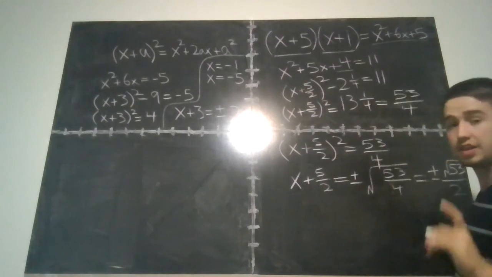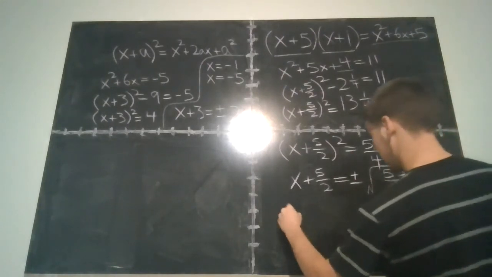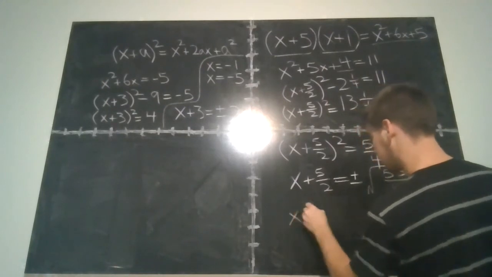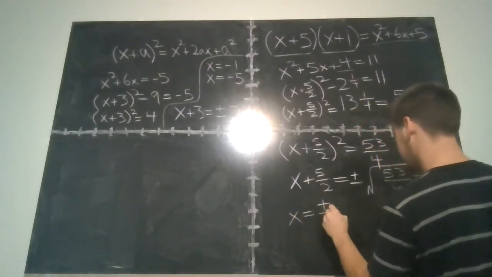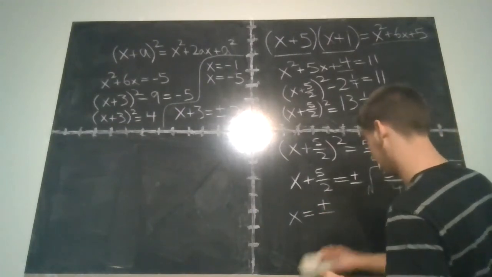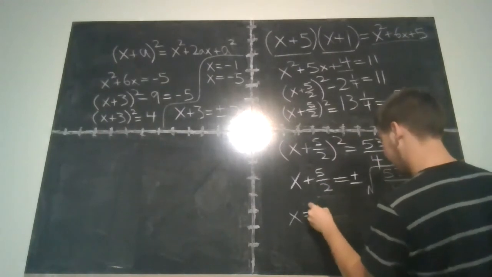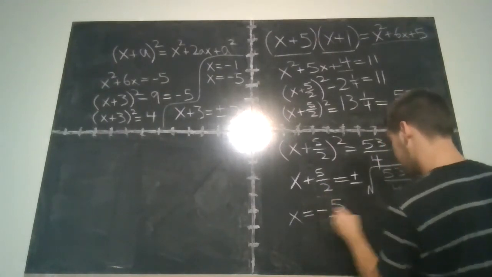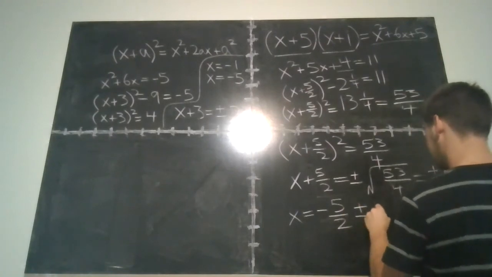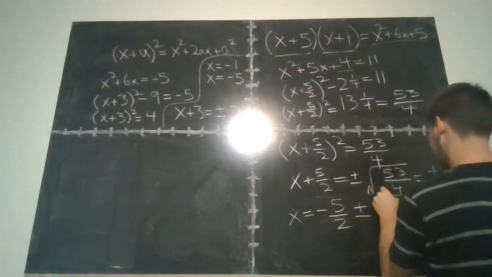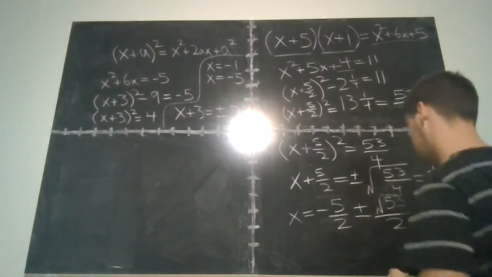Following this a little bit further, we now get x equals plus or minus, well, I'll start with the known value first. So x is, if we move this over to the right, negative 5/2 plus or minus the square root of 53 divided by 2.